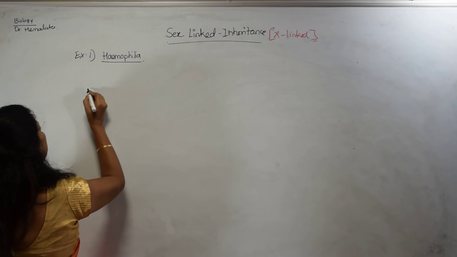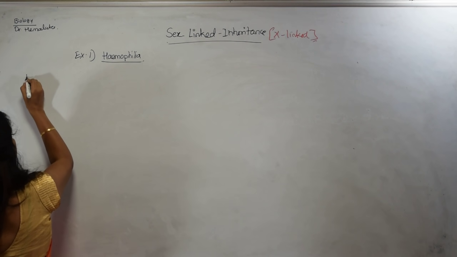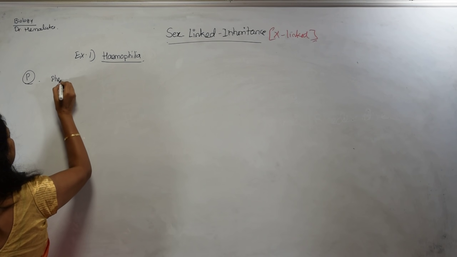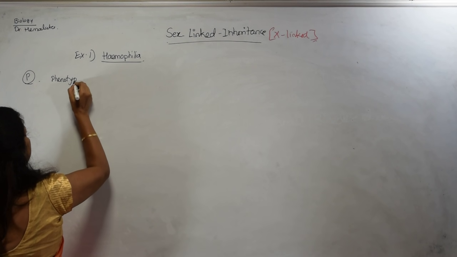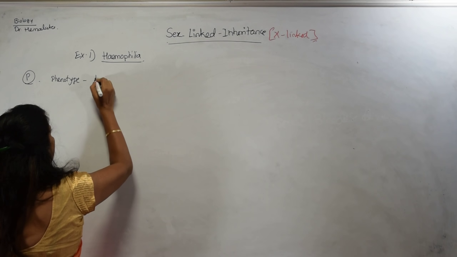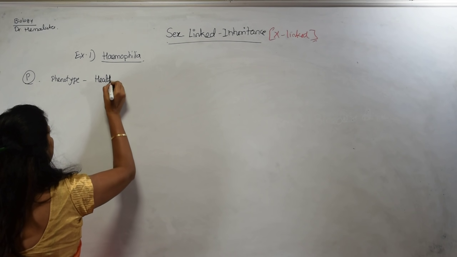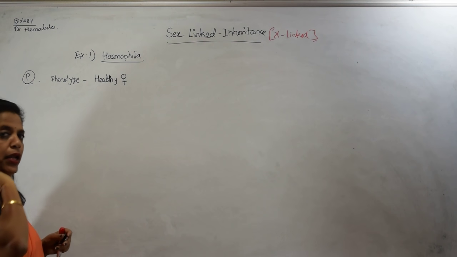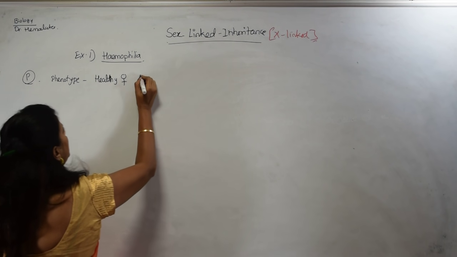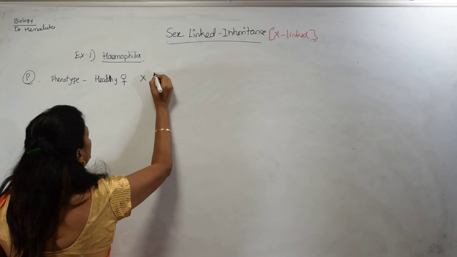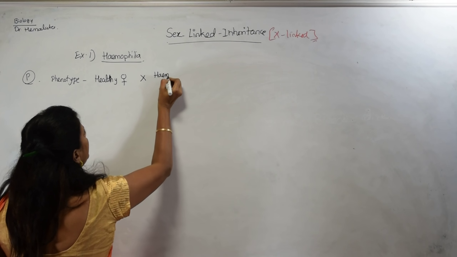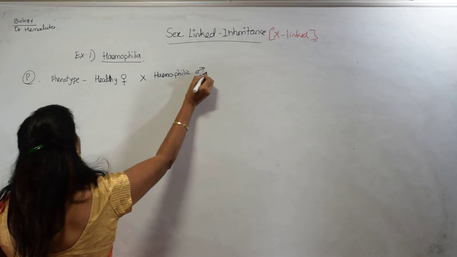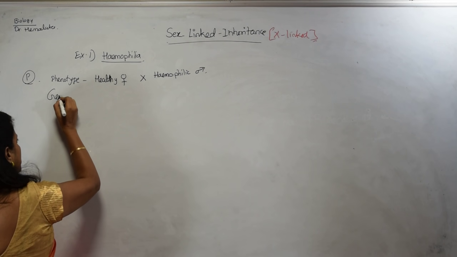So the parents I am taking, what is the phenotype I am considering? The phenotype we are considering is a healthy, non-hemophilic female. If she is married to a hemophilic male, okay, then let me write about the genotypes.